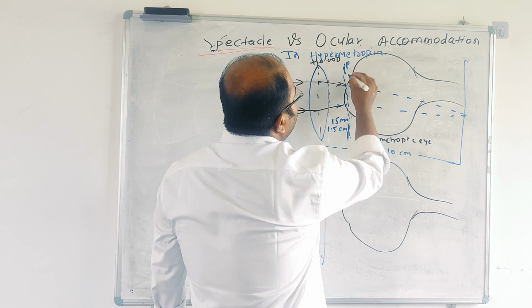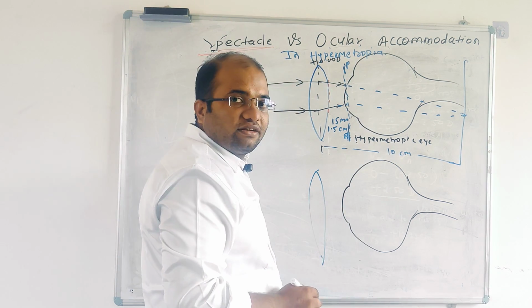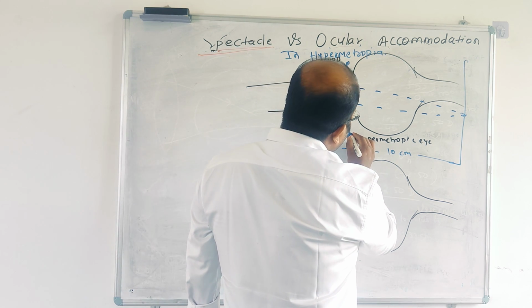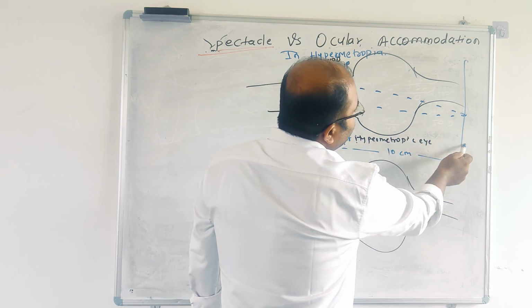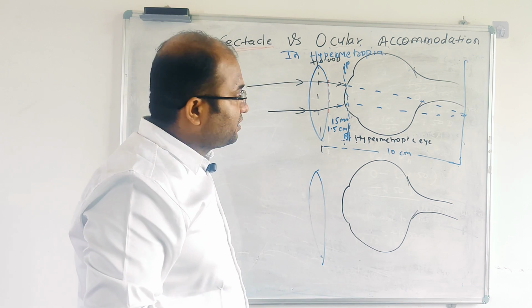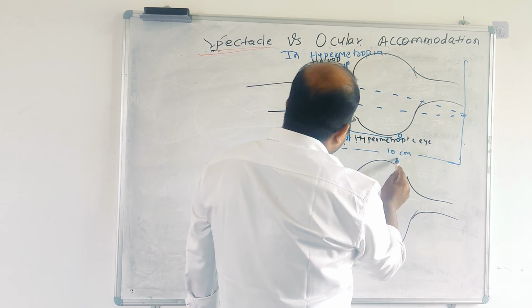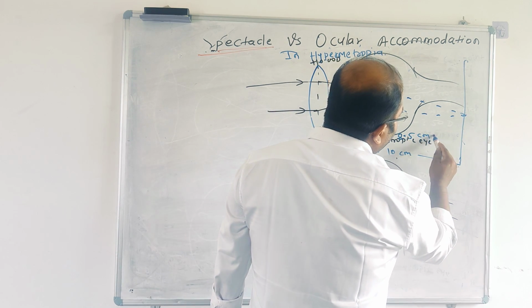And if this is 1.5 centimeter, what will be the distance from the principal plane? Let P dash be the principal plane. At the principal plane, how much vergence do we have? First we need the distance from the principal plane to this image plane. 10 minus 1.5 becomes 8.5 centimeter, right?